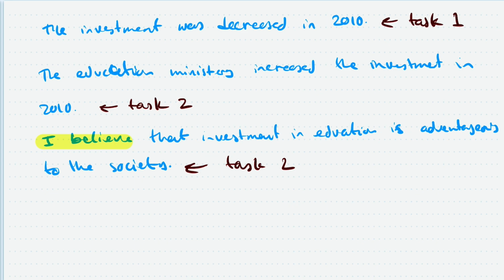So, for example, imagine if you write, investment in education is considered beneficial. It's not really as strong as saying, I believe that investment in education is advantageous.